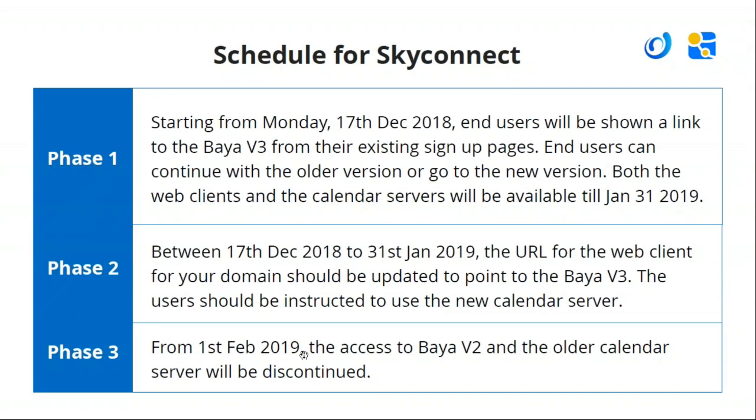If the user has not changed it by that time, he will get an error, and you can point him to the new calendar and Baya V3 URL. Okay, so these are the 3 phases and their dates for Sky Connect. Please make a note of it, and you will have to inform the end users about it.